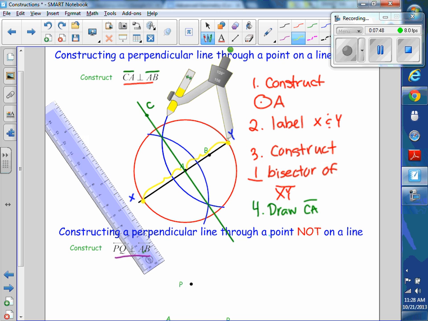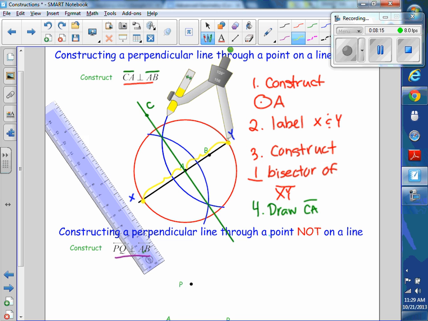Jack? It's kind of stupid, but why can't you just draw a line through it and then put a 90-degree? Because it's a construction. Actually, if you were going to write a CAD program, like a program to do different designs, it's all based off of circles.